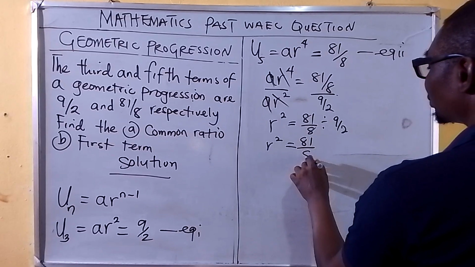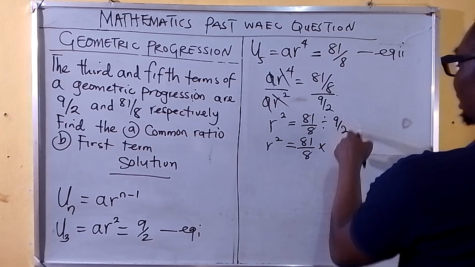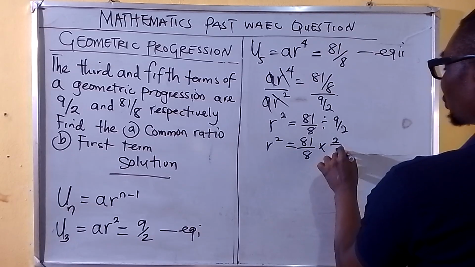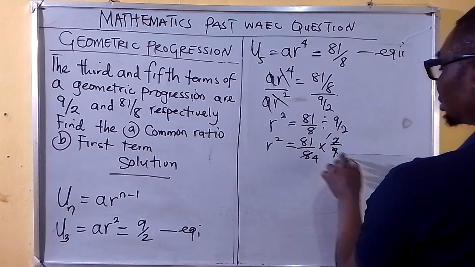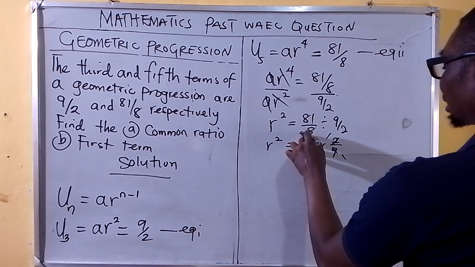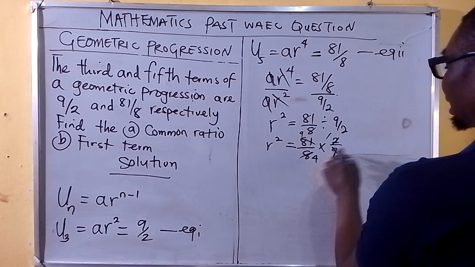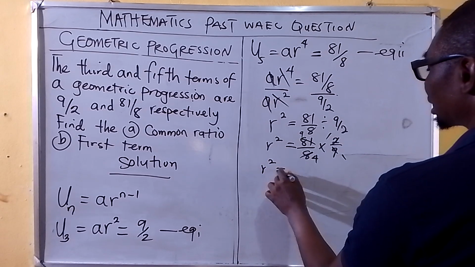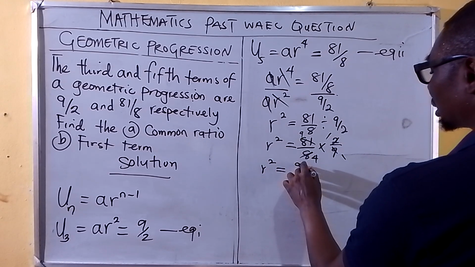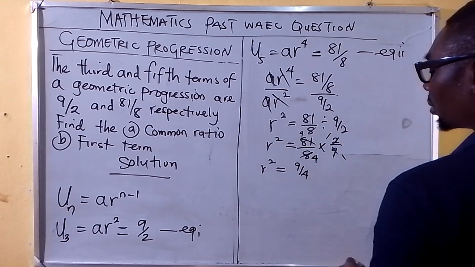Therefore, R squared is now equal to 81 over 8 times, this will be inverted to be 2/9. So by the time I simplify, 81 over 9 is 9, and 8 over 2 is 4. So my R squared is now equal to 9/4.